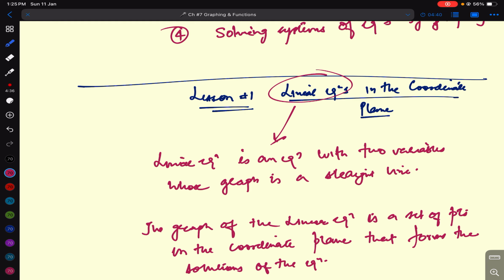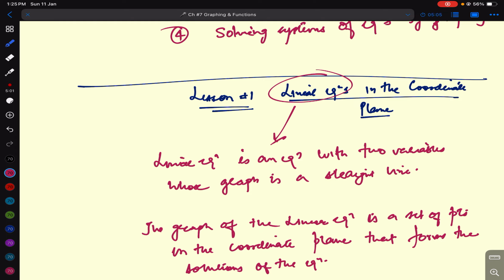Now if all the variables represent real numbers, one can graph the equation by plotting the points to recognize the pattern, and then we can connect those points to form the line.